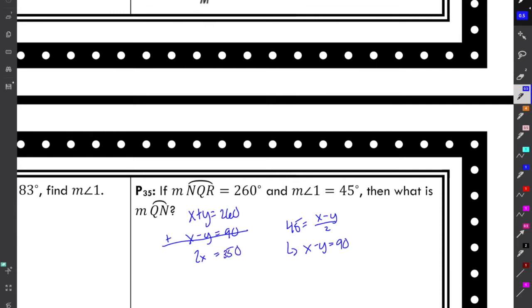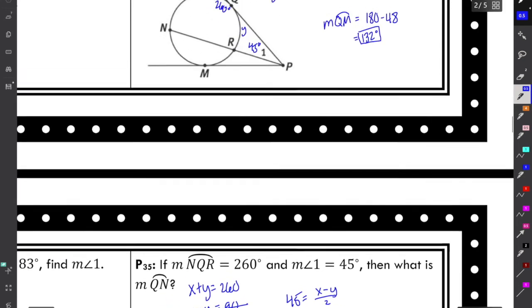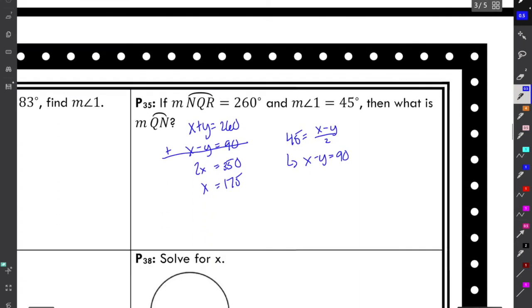Okay, now I can solve for X. Divide both sides by 2, and X is equal to 175. Alright, so X represented QN, that's what we want to find. So the measure of arc QN is equal to 175 degrees.